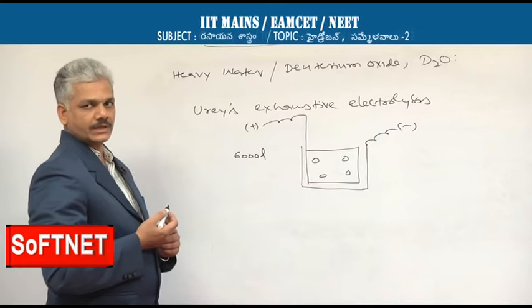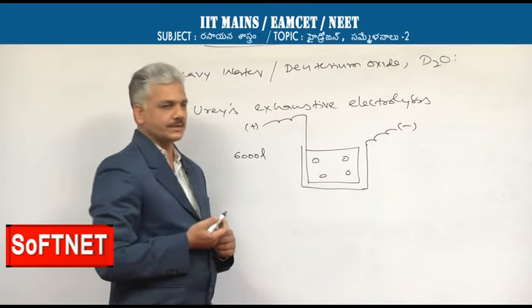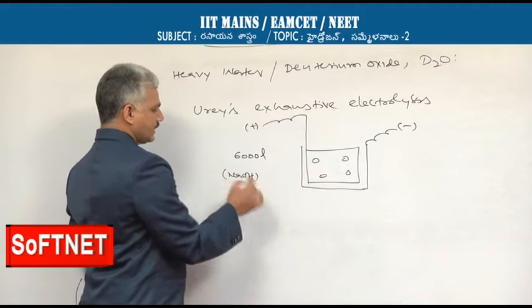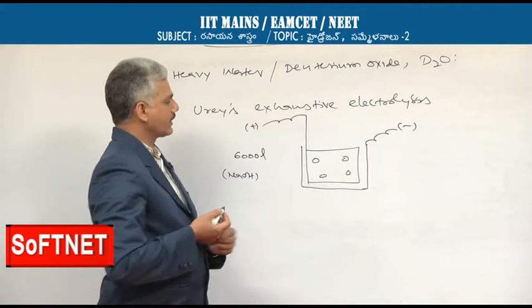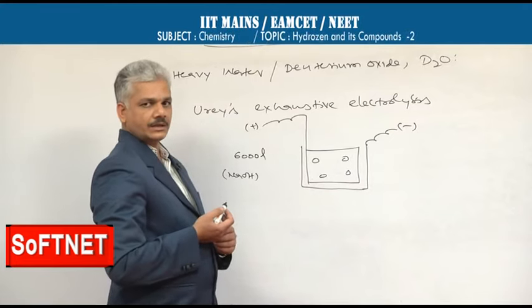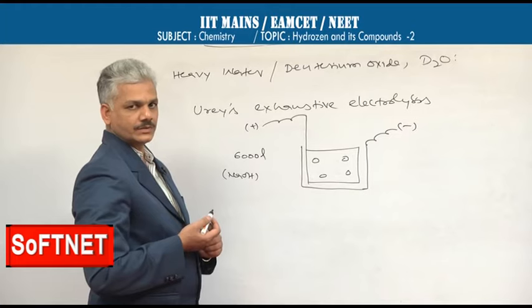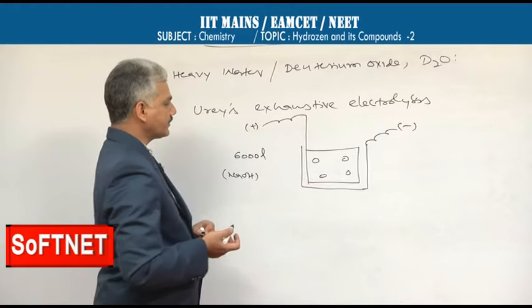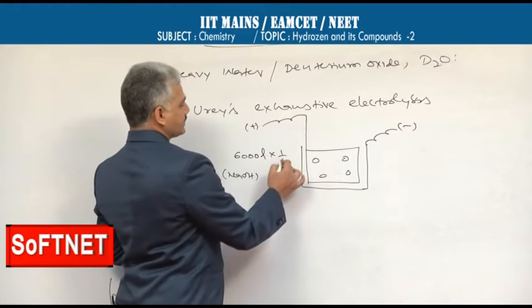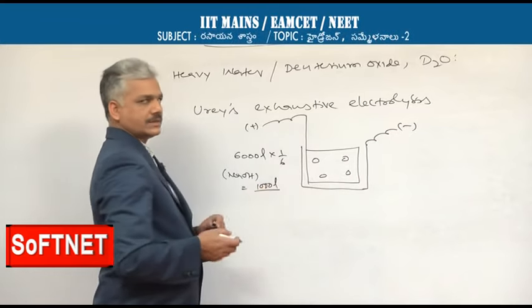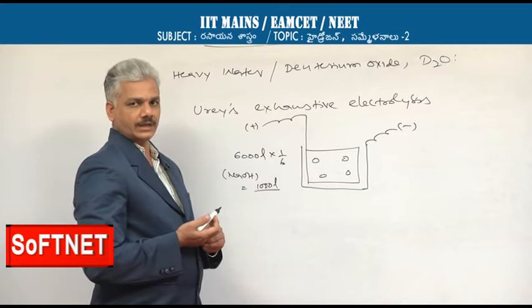As pure water is a non-conductor of electricity, a small quantity of sodium hydroxide will be added. Then current is passed till the volume is reduced to 1/6 the initial value. That is, 6000 liters of water is reduced to 1000 liters by passing current.